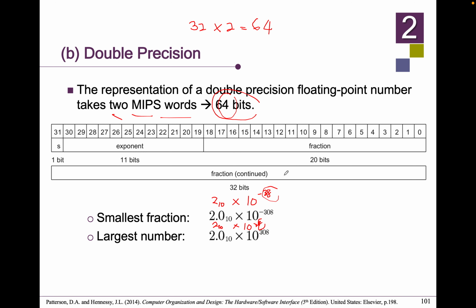So please check back for single precision. Now for 64 bits, the double precision, you will have 2 multiplied with 10 to the power of minus 308, and for the largest number, 10 to the power of 308.